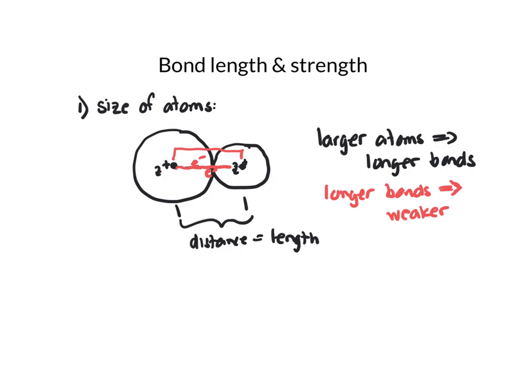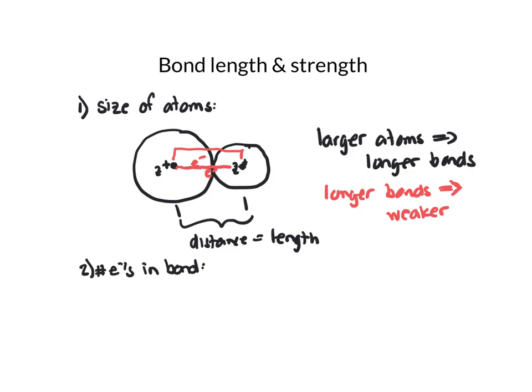The other thing that affects the length and strength of a bond is the number of electrons that make up that bond. If we have a double bond, then we have 4 electrons in that bond. If we have a triple bond, we have 6 electrons in that bond. If we have a single bond, we just have 2 electrons in the bond.